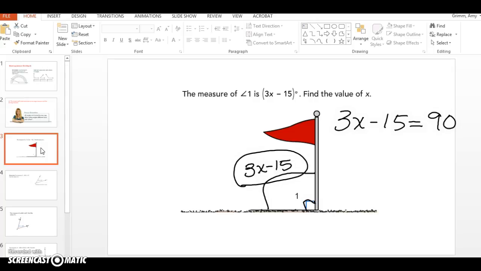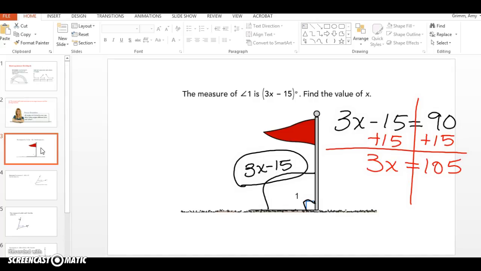That equals 90 degrees. Now I get to here, now I can start to solve my equation, and you guys are really good at this, right? This is what you're really good at. Okay, so we're going to start by adding 15 to both sides. And so now we get 3x equals 105. And now I can divide by 3.